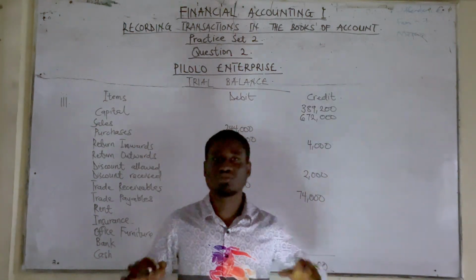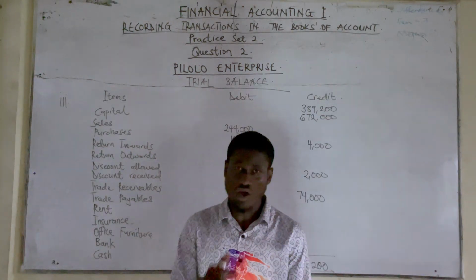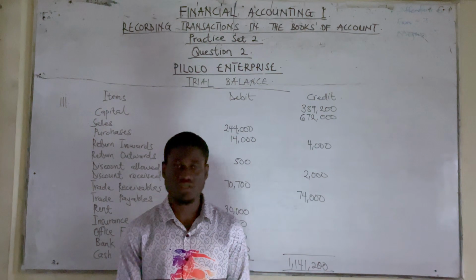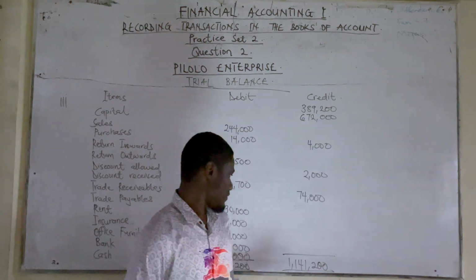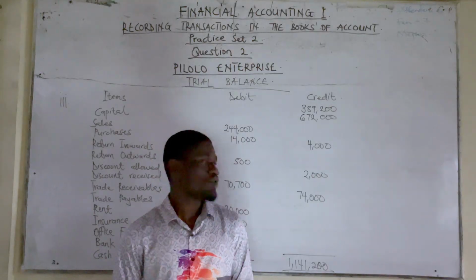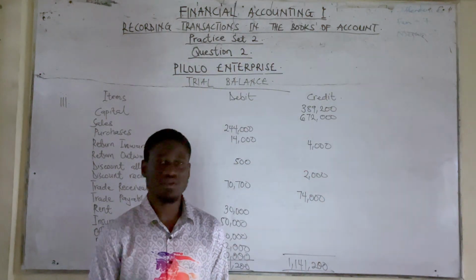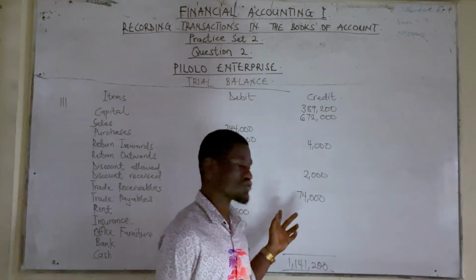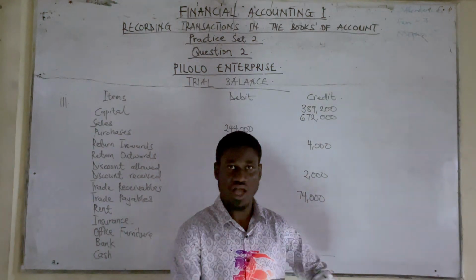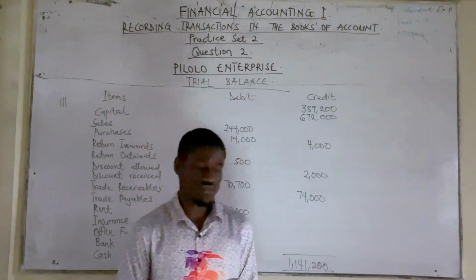Where you have to be careful is when you are opening the accounts: the sales ledger, the general ledger and the purchases ledger. Even in the books of original entry, you have to be very careful of the computation because that's what you're going to transfer to the ledger accounts, especially the sales journal, purchase journal, and the returns.